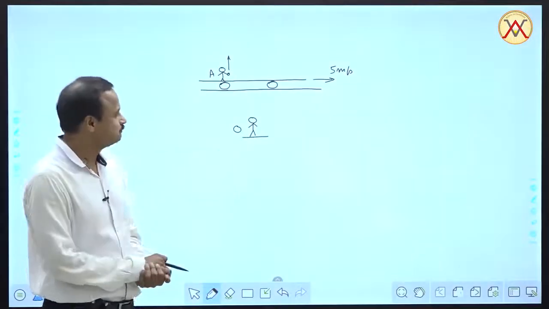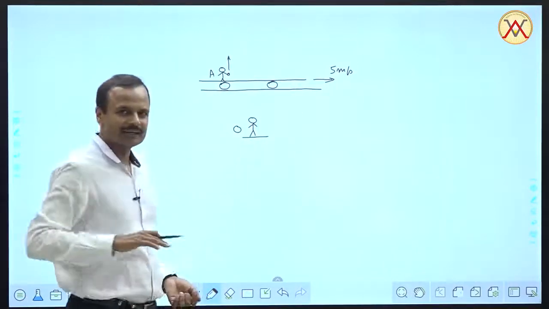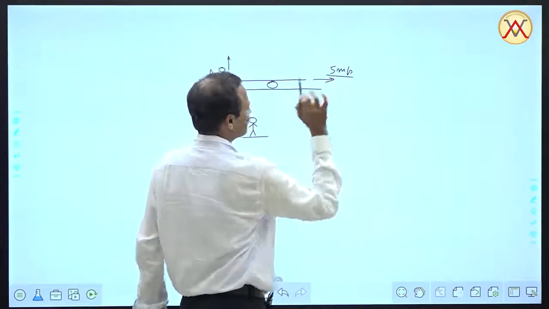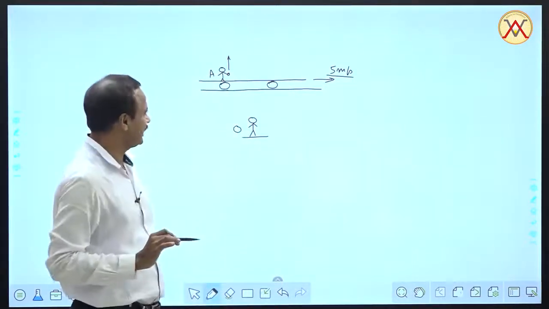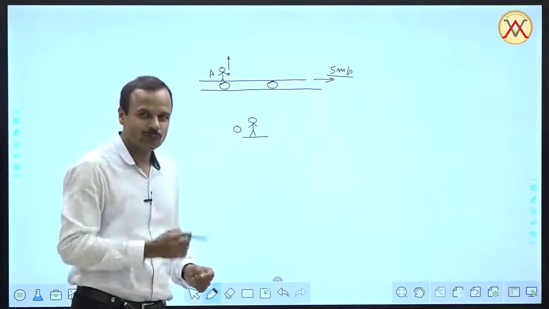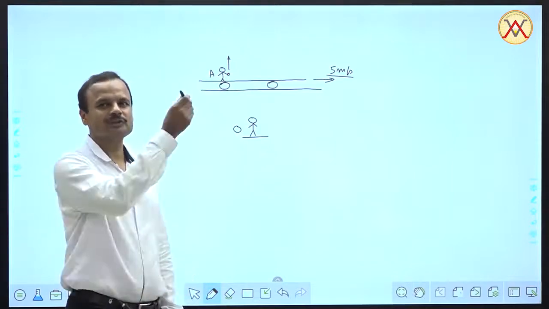New example here. This is a flat car or a railroad car. It is moving horizontally at a constant velocity of 5 meters per second. Person A here has a ball in his hand, and he throws the ball straight up.